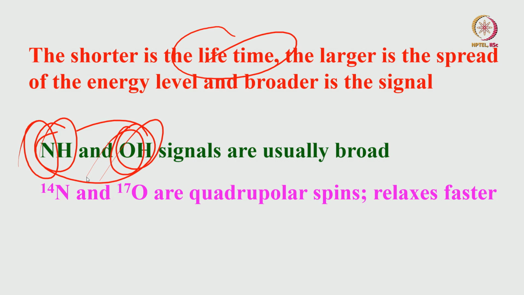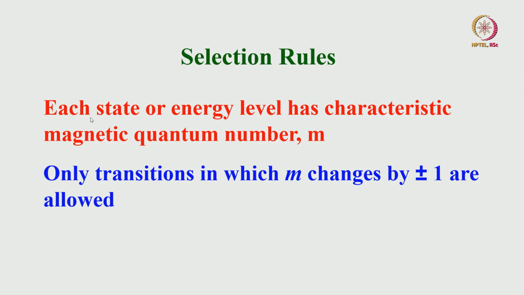These quadrupolar spins ensure that the spins relax faster. That means the lifetime of the spins in the excited state is very short. As a consequence, you will see NH and OH peaks in the spectrum are usually very broad. Okay? That is about the lifetime.